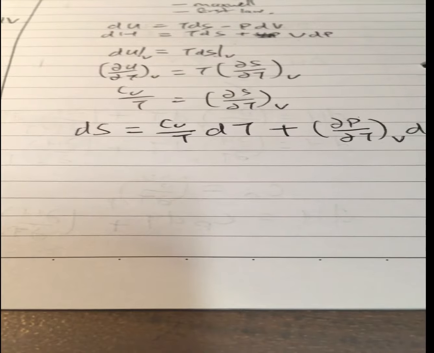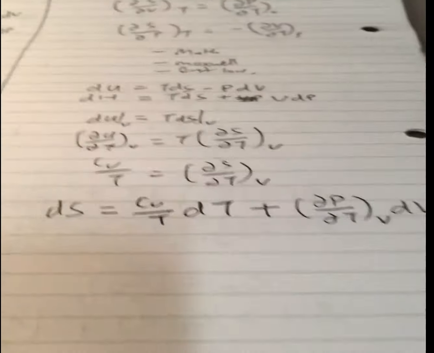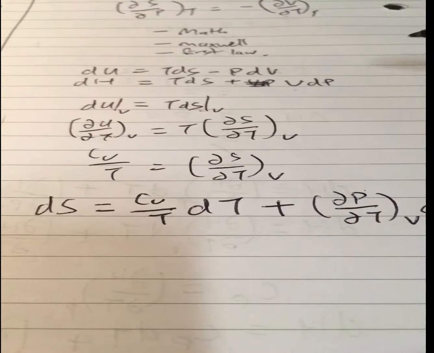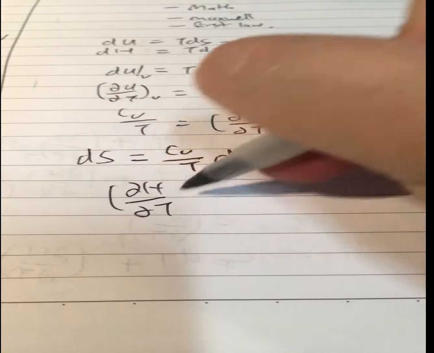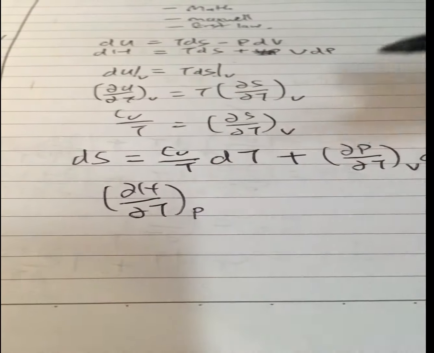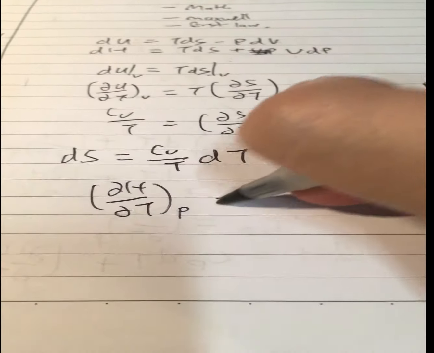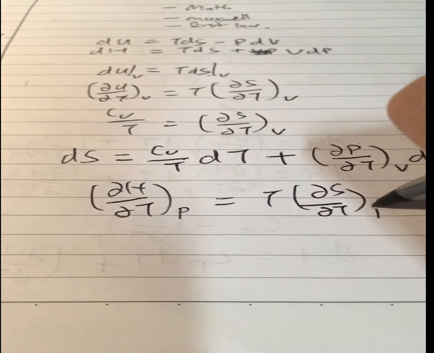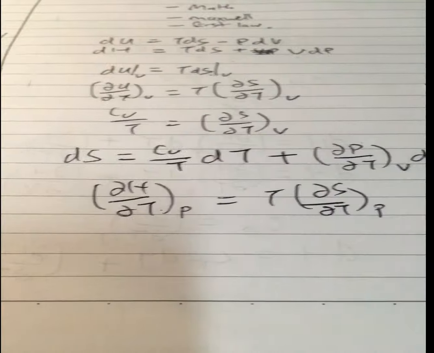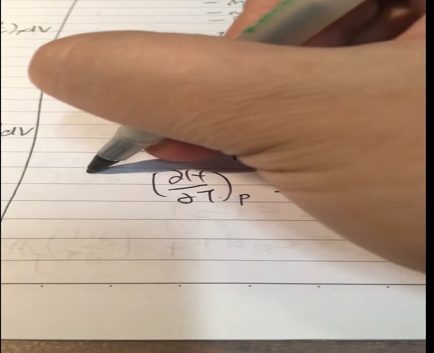Alright, so now the second one, we do the same thing with this equation. Keep pressure constant, and what do we get? We divide everything by dT, keeping pressure constant. And what is this? Cp. Yep.